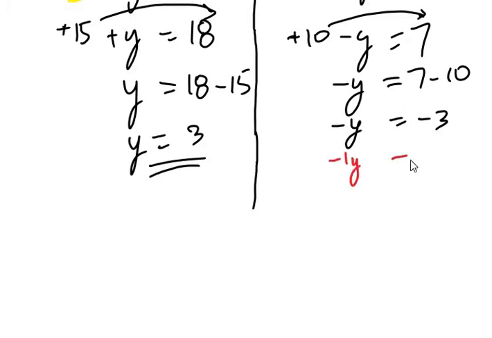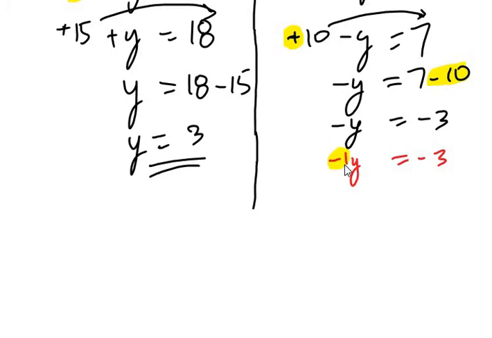Let's write it this way. When you transpose the negative 1, the sign in front will not change. Why not? It's the operation that changes. So for example, even though we refer to this as positive, think of this as plus. So when you transpose a plus 10, it becomes minus 10. That's why I'm using the term plus instead of saying positive, because I want you to understand it is the operation that changes from plus to minus.